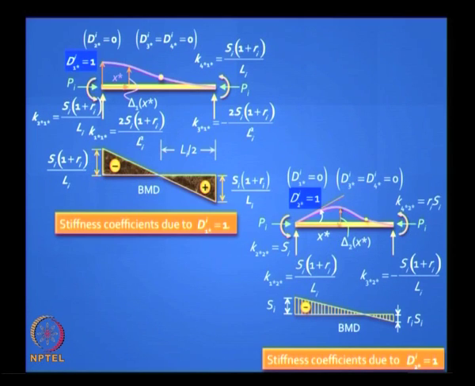If you recall, if you had a clockwise chord rotation, you have anti-clockwise moments at the two ends. In the conventional beam element, they were equal, and their value was 6 EI by L squared. Instead of 6 EI by L squared, we now write it as S into 1 plus R divided by L. Okay. So if you plug in those earlier values of S equal to 4 EI by L and R equal to half, you will get the same result.